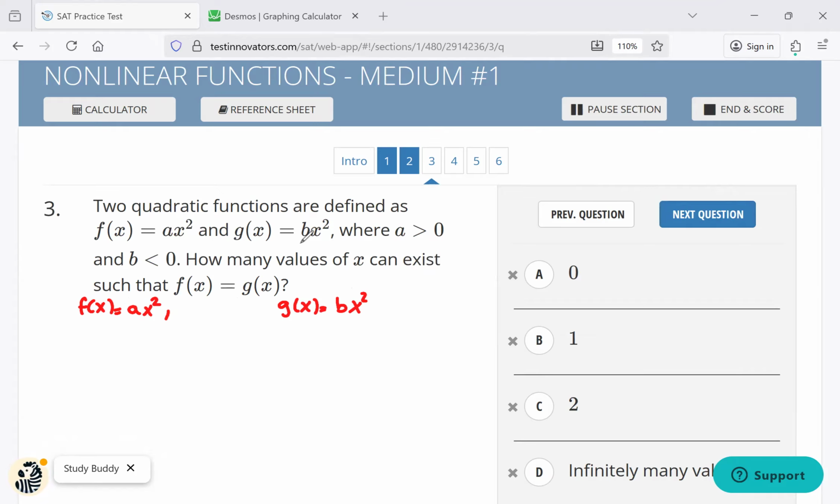In the first part, a is greater than 0, so let's pick a value for a. What if a was 1? That means f of x equals x squared. And where b is less than 0, let's say b was negative 1. So g of x equals negative x squared.